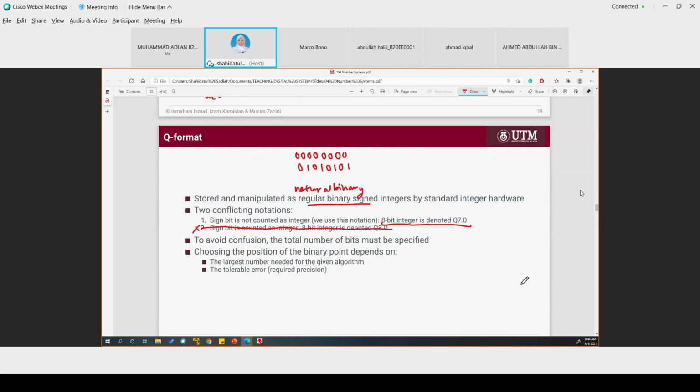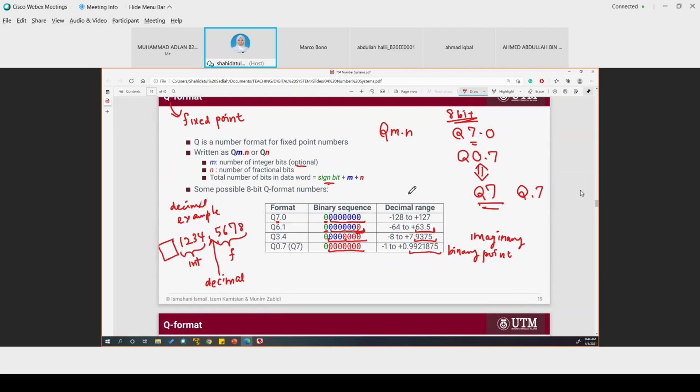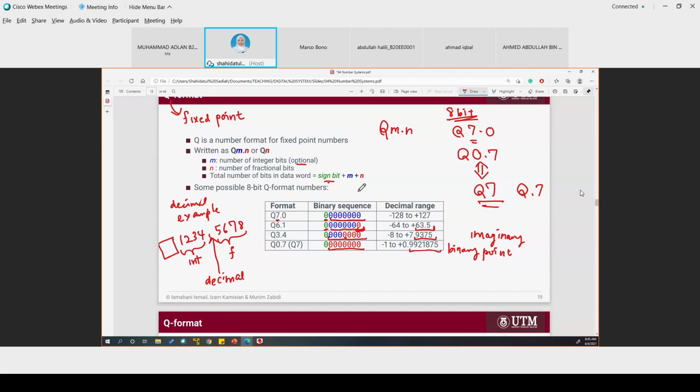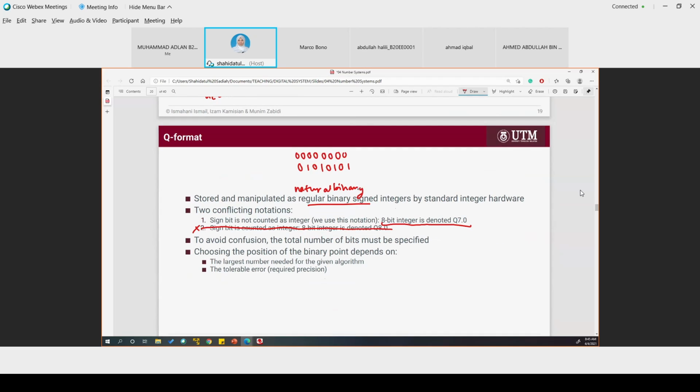So what is the total number of bits? Here, the total number of bits in the data is sign bit plus m plus n, that is, sign plus the integer plus the fraction. Choosing the position of the binary point depends on the largest number needed for the given algorithm and the tolerable error when we require precision.